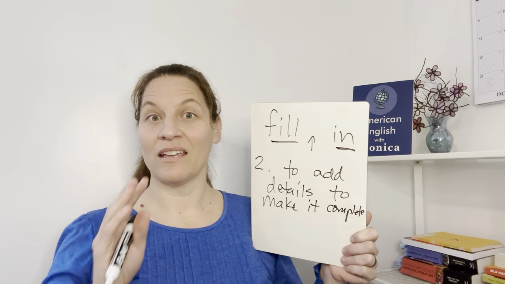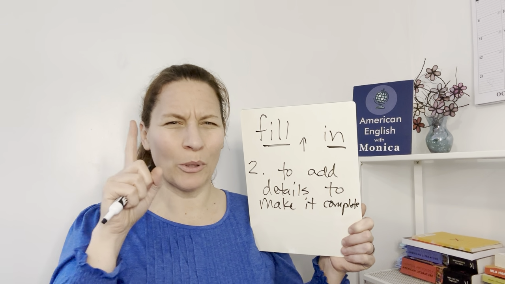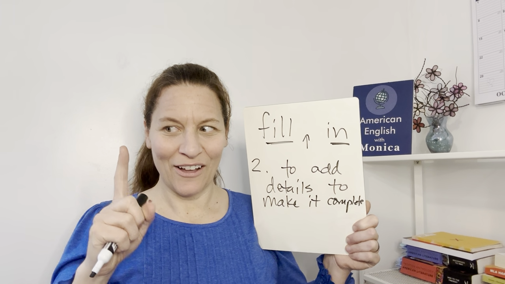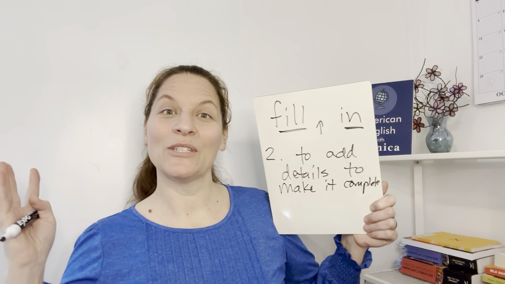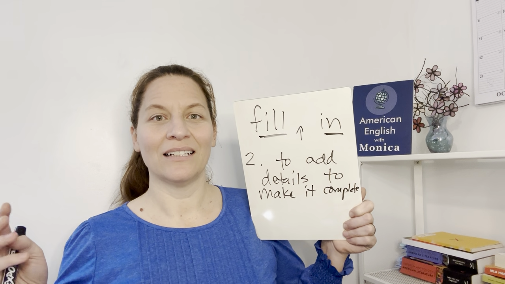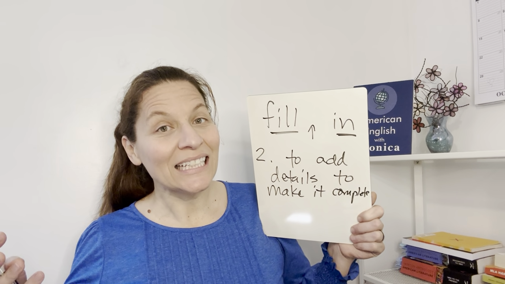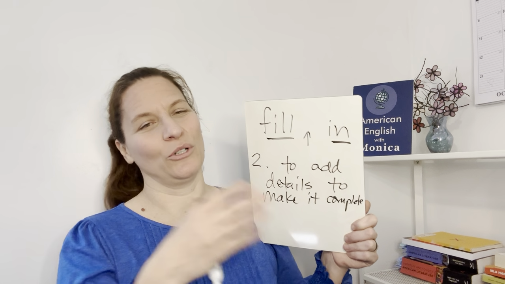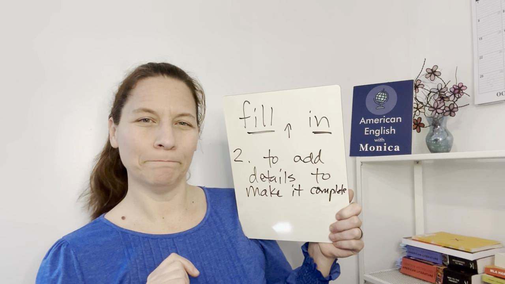If someone is making a painting or a drawing and they only put one tree on the whole painting, but it's supposed to be a picture of the forest, maybe they need to fill in their painting with some more trees. Okay?